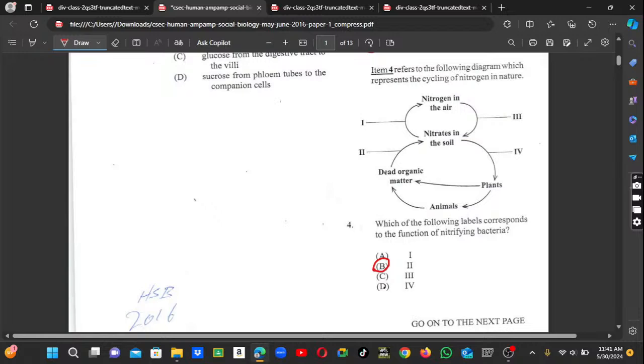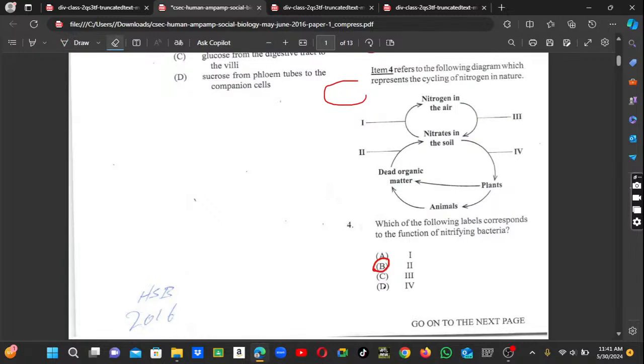It says which of the following labels corresponds to the function of the nitrifying bacteria. We are talking about the dead organic matter, such as humus in the soil. So we would choose 2. Item 2 is where the nitrifying bacteria act.